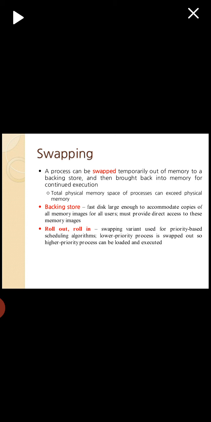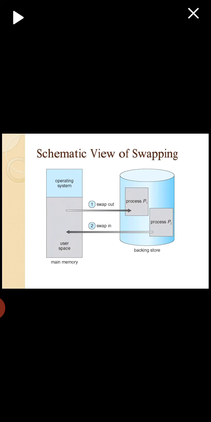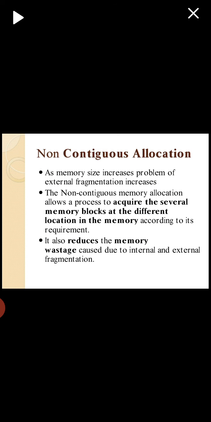A lower priority process is swapped out so a higher priority process can be loaded and executed. In this scheme of swapping, a process from the operating system user space in main memory is temporarily stored, and when that program wants to execute from main memory it is swapped in. That is the concept of swap out and swap in.